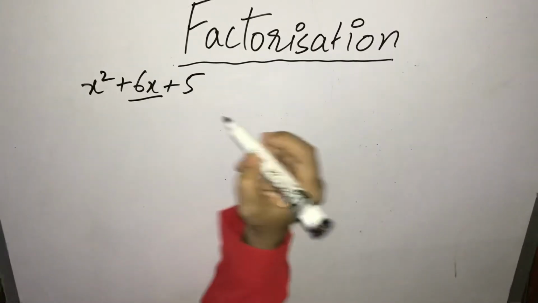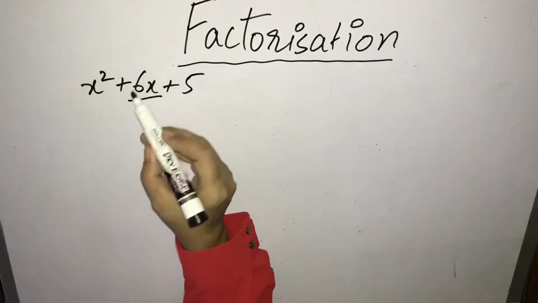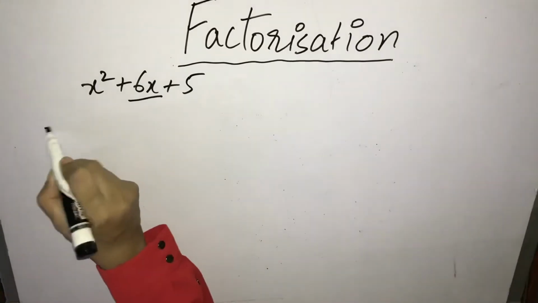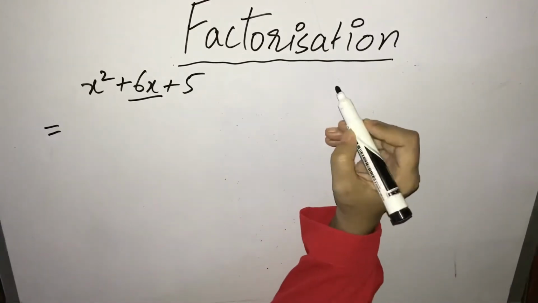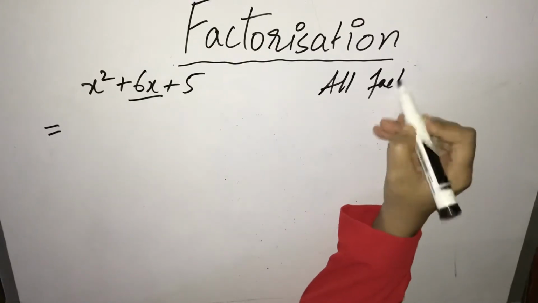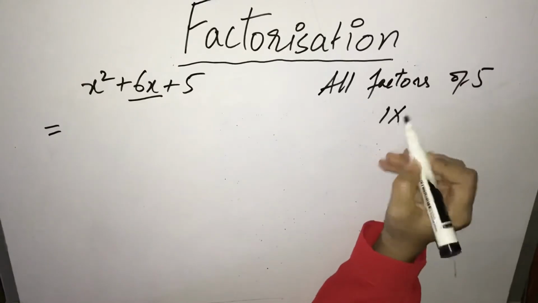5 ones are 5. In such a way that when we add the two factors, we get 6, and when we multiply the two factors, we get 5. For this, I take all factors of 5, as 5 is a prime number. So I have only two options, 1 and 5.